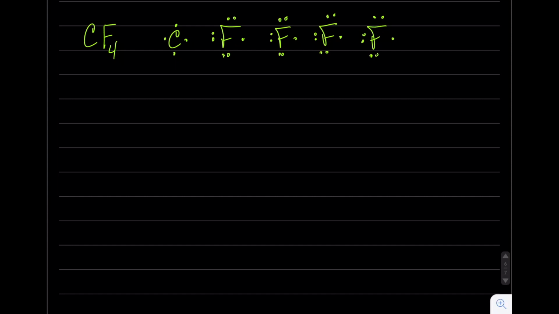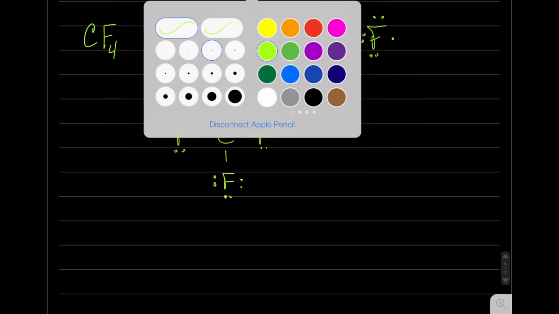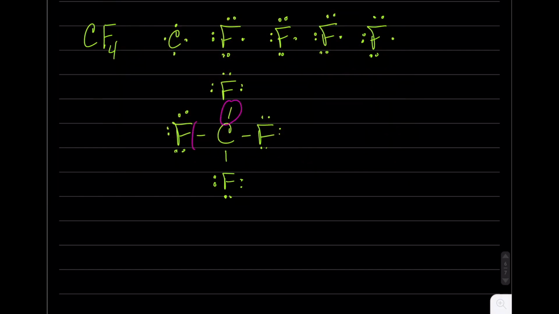So when we put together our Lewis dot structure, we'll end up with something like this. I do despise valence electrons, or at least drawing them. Okay. Our shape, we have 4 electron domains, all of which are bonds, which makes our shape tetrahedral.